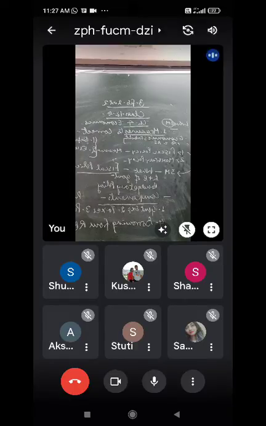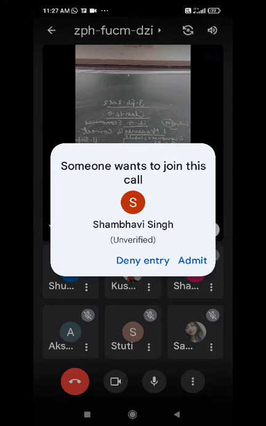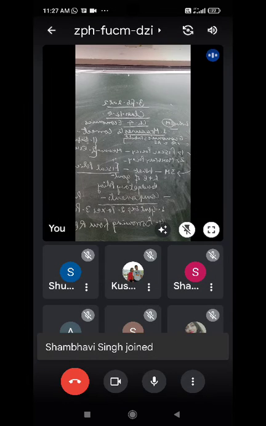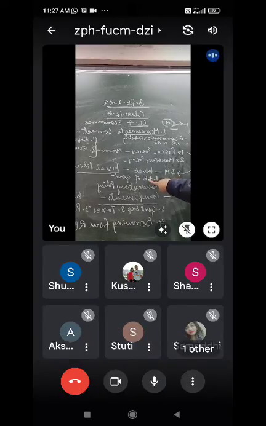What is fiscal policy? First point, fiscal policy is the revenue plus expenditure of the government. Fiscal policy is a policy which tells us about the income, that is revenue, and expenditure of the government.